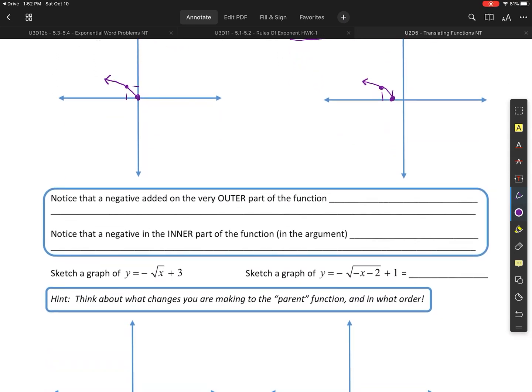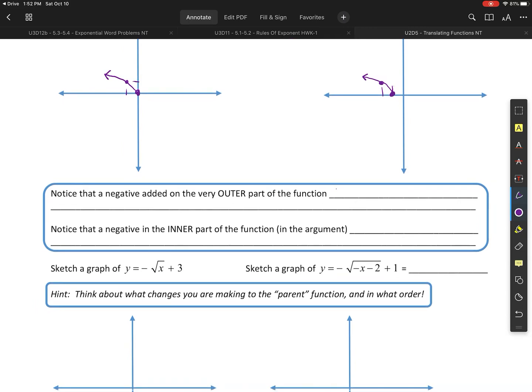So if we have a negative on the outside, what does that mean? This is called a vertical flip. And we flip over the x-axis. If we have a negative on the inside, it's called a horizontal flip.